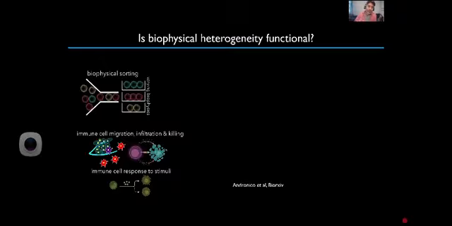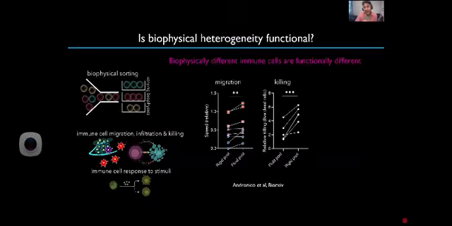From the PixelGen analysis, we already inferred some of the functions, but we of course wanted to test this. So in the next slide, you will see two properties that we tested, two functional readouts. It's migration and killing. When we see the migration, for instance, the fluid cells migrate faster while rigid cells kill better.